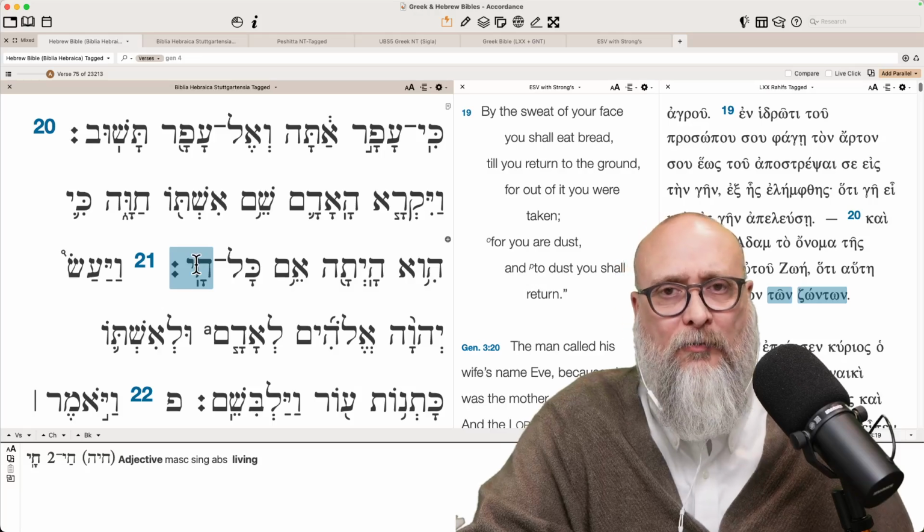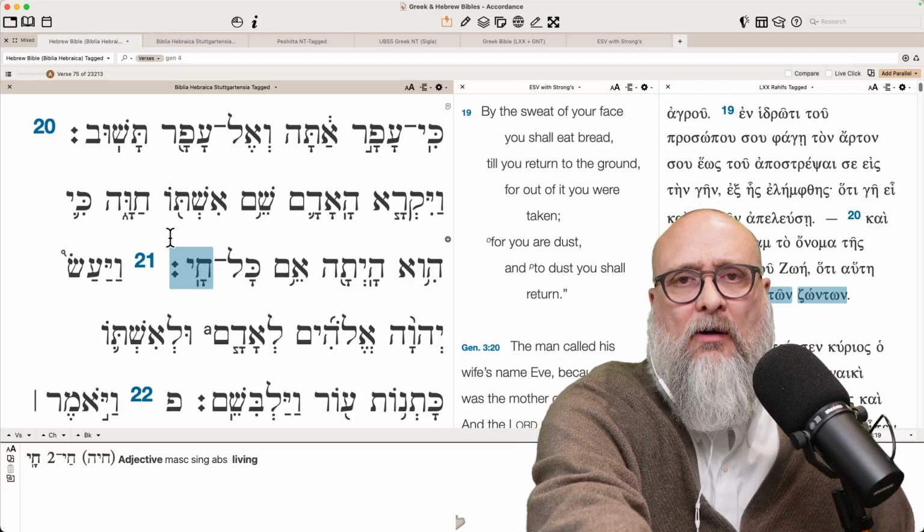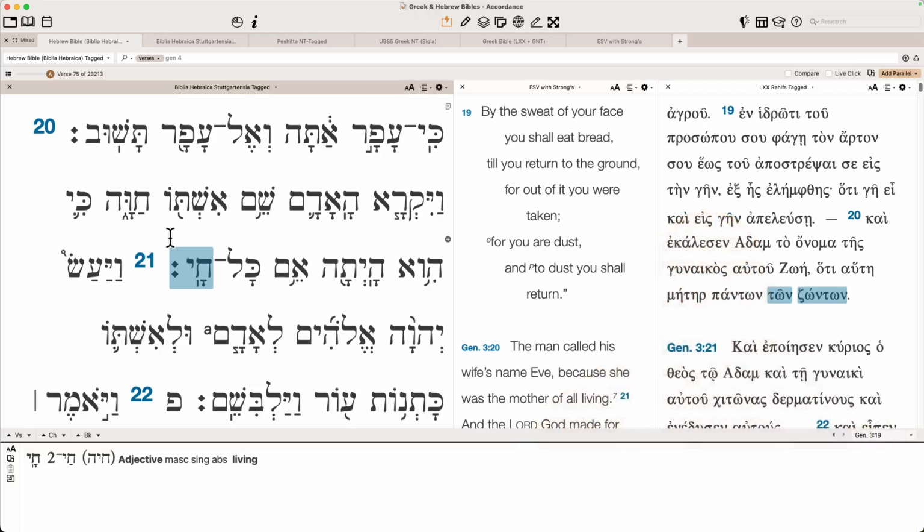word life. Now, what's very interesting in this passage, when we look at the word Chava, you can see in the English that it just gives the word Eve. And Eve is probably as close as we can get in Western speaking culture to pronouncing what the name sounds like.